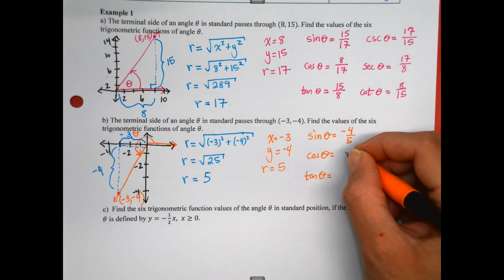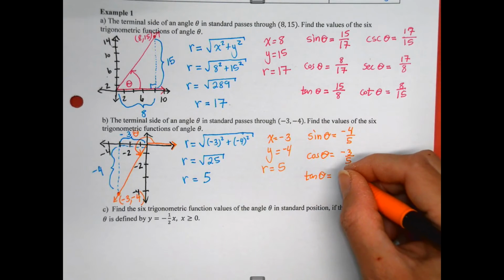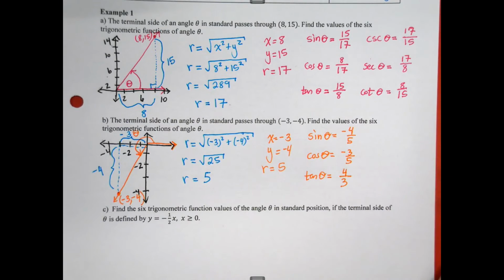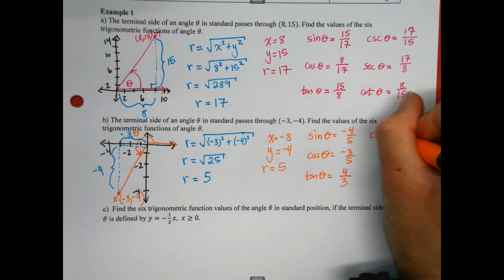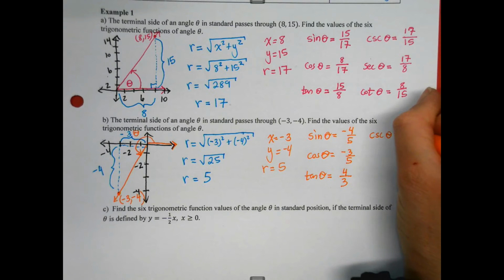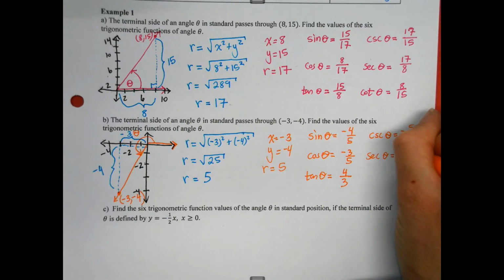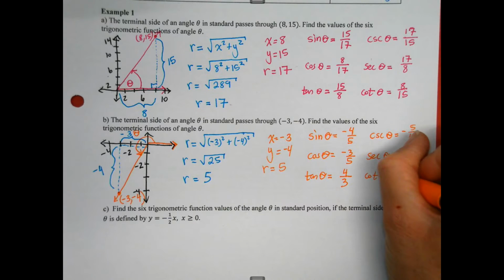Cosine is x over r, -3 over 5. Tangent is y over x. -4 over -3 gives us +4/3. Then the reciprocals. Cosecant of theta is -5/4. Secant of theta is -5/3. And cotangent of theta is 3/4.